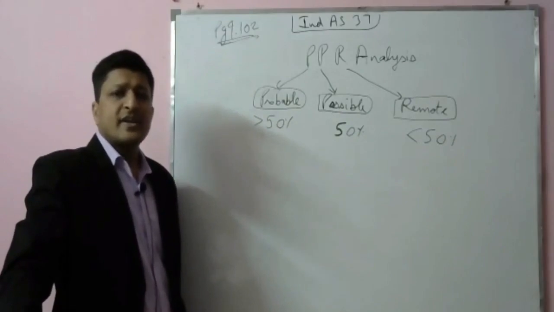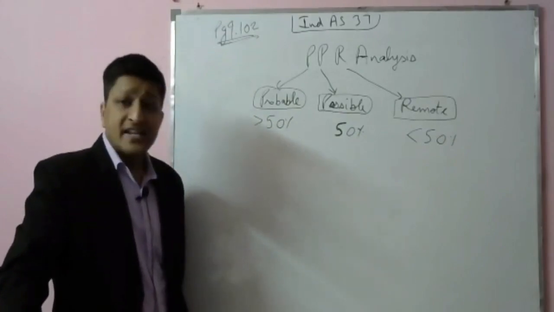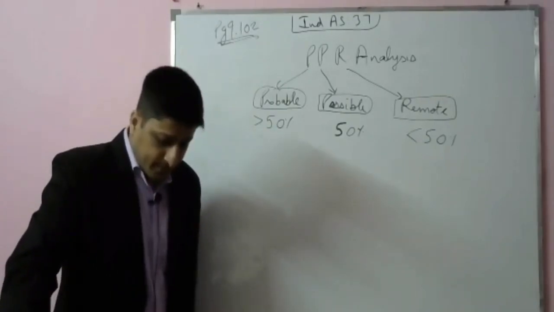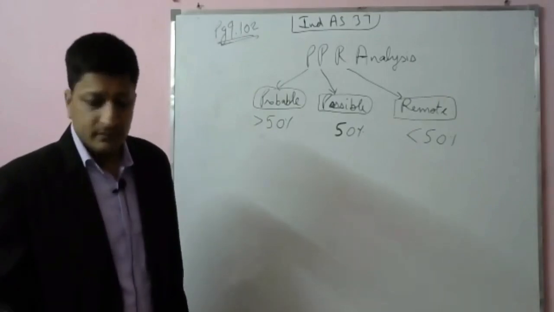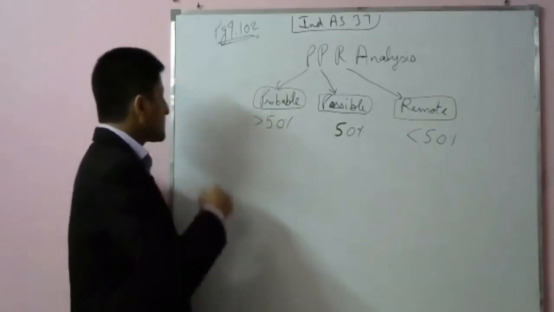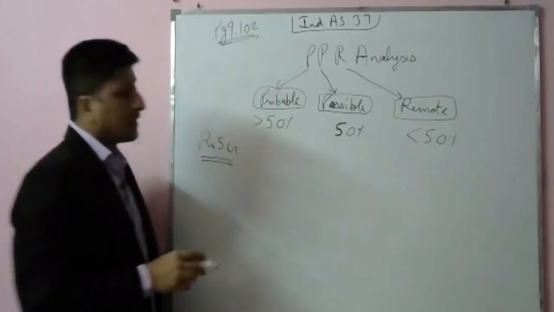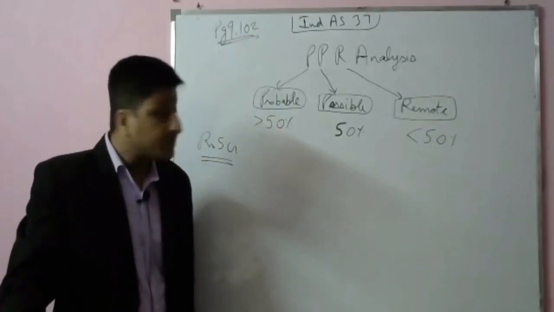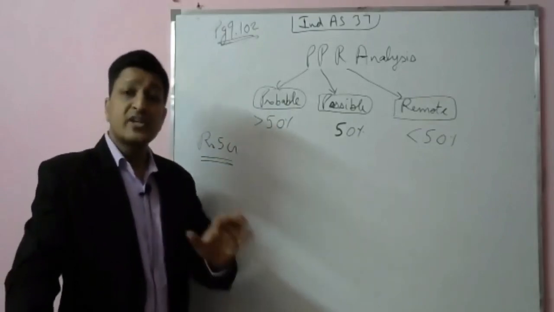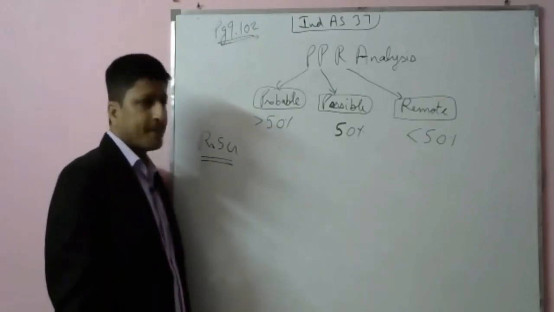And something which is very, very common, let's suppose there's a tax litigation going on. Tax department has raised the demand of rupees 5 crores against the company, which is under litigation.